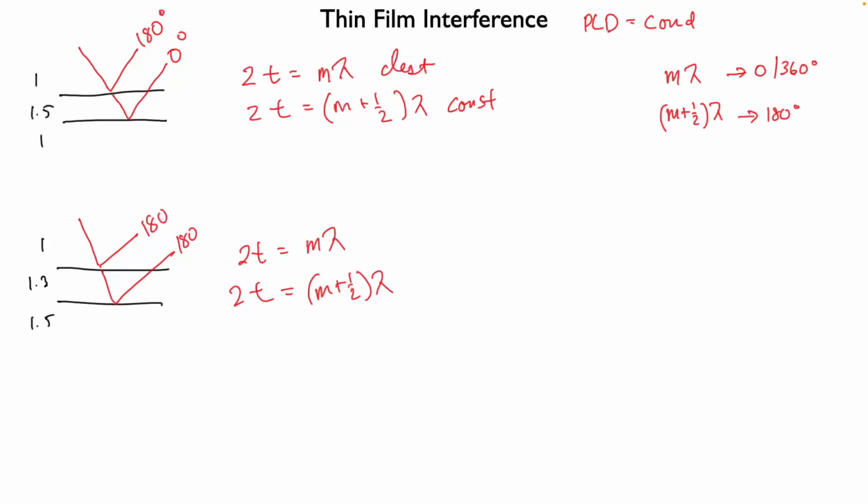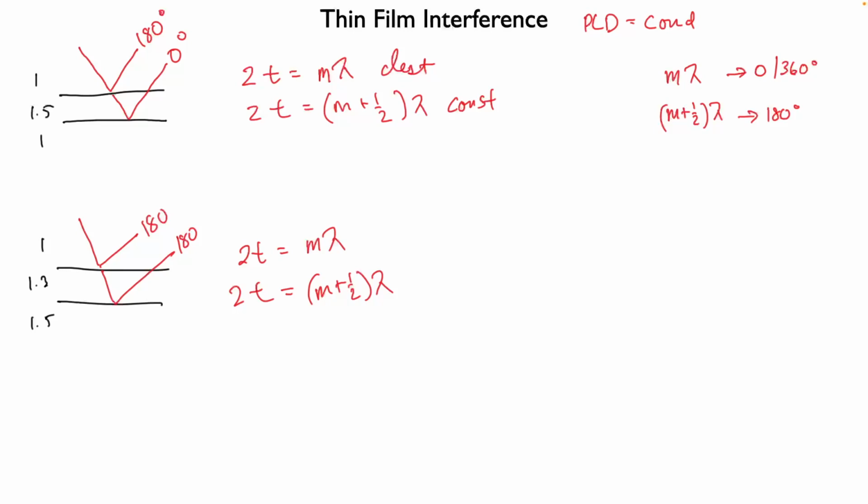What does the condition m lambda mean? Don't go for constructive or destructive. When we say m lambda, what are we trying to say? We're not going to change the phase of the second ray. The path length there is equal to an integer multiple of wavelength, which means we're going to keep this relationship as is.